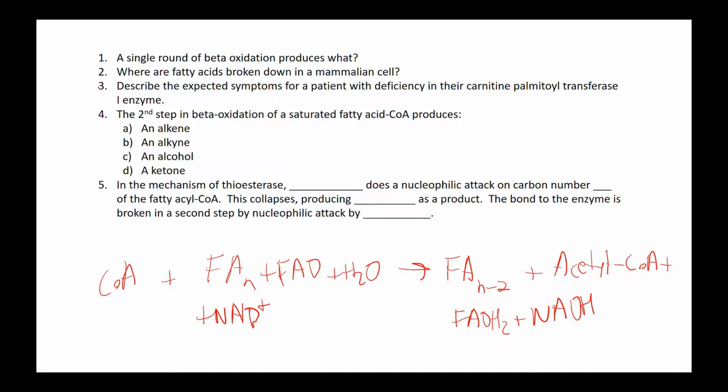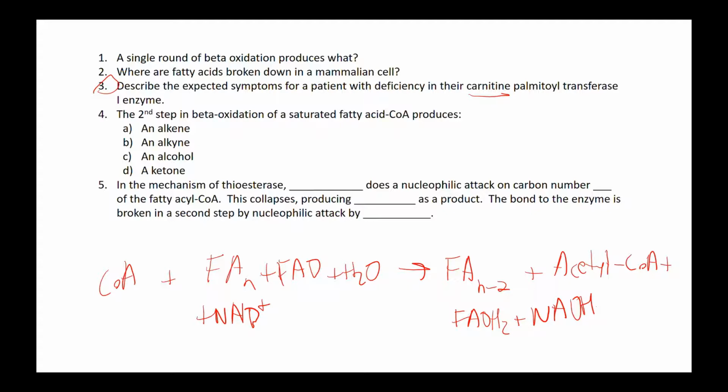Number 3, describe the expected symptoms for a patient with deficiency in their carnitine palmitoyl transferase 1 enzyme. Now carnitine, hopefully you recognize that name. This is a molecule that basically gets attached onto our fatty acids to allow them to cross into the mitochondria.